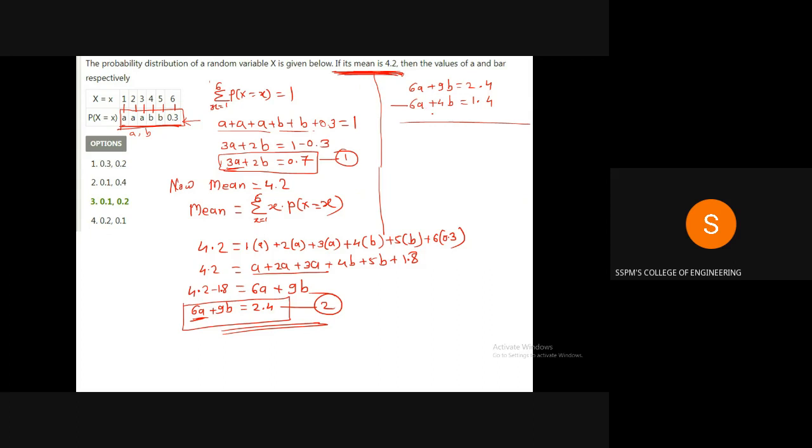The 6a will get cancelled. So 9b minus 4b is 5b, and 2.4 minus 1.4 is 1. So b is equal to 1 by 5, that is b is equal to 0.2.